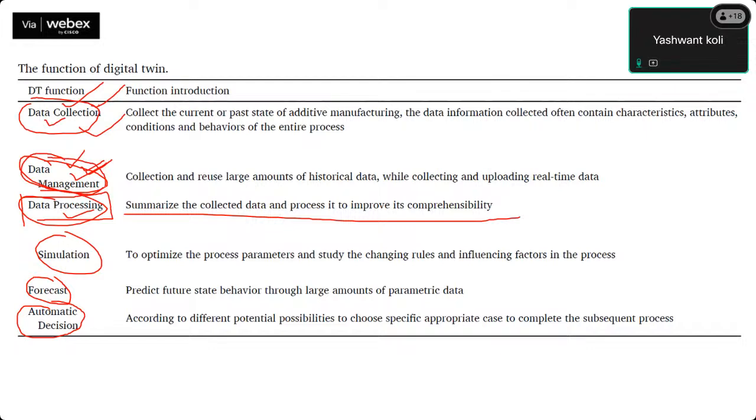The next step is simulation. We have already discussed simulation. It builds on the virtual model to replicate WAM behavior.